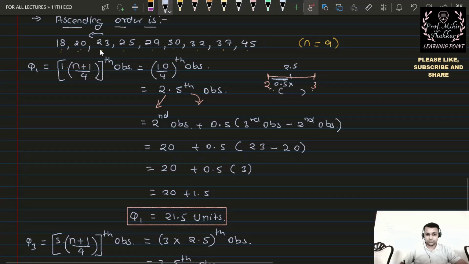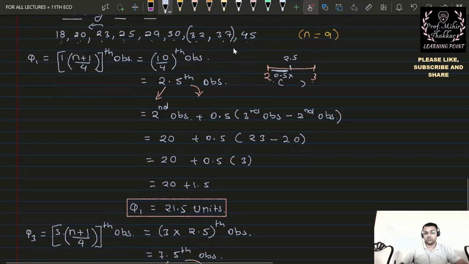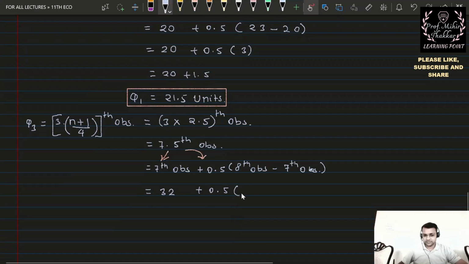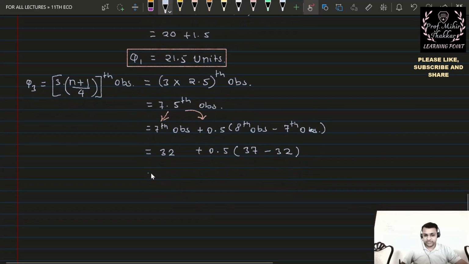So let us search for the seventh and the eighth observation in the ascending order. So it is 1, 2, 3, 4, 5, 6, 7 and 8. So it is between these two numbers 32 and 37. So I write over here 32 plus 0.5 multiplied by 37 minus 32, which is 5.